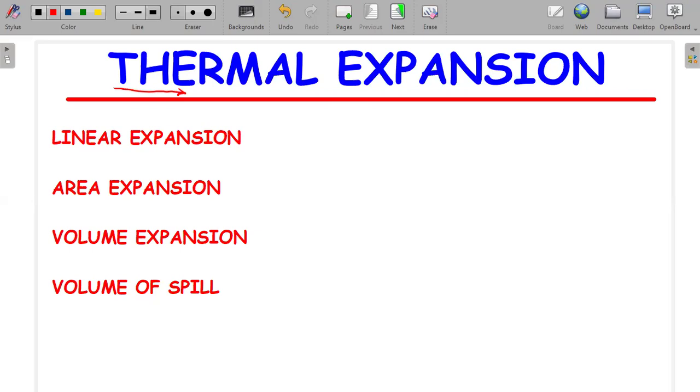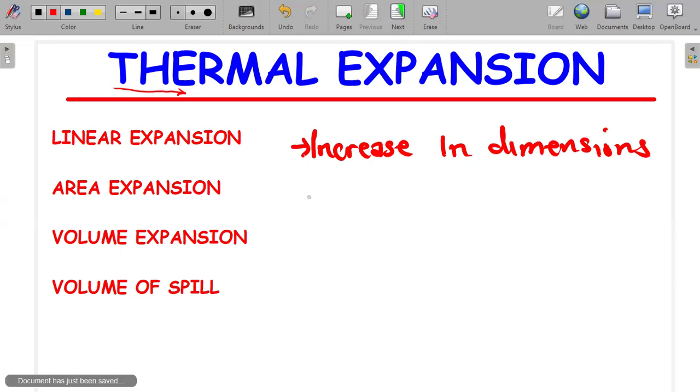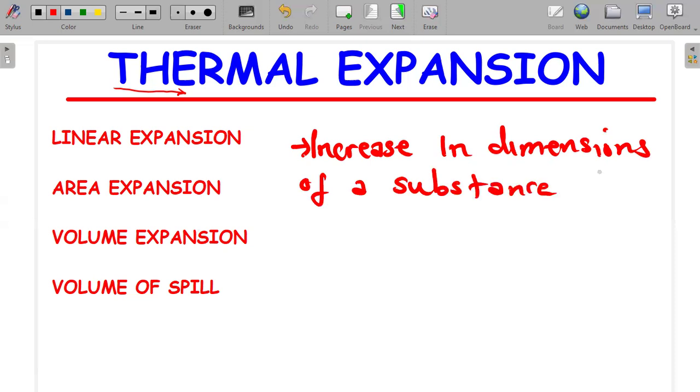So in words, I can just define thermal expansion as the increase in dimensions of a substance when its temperature increases.